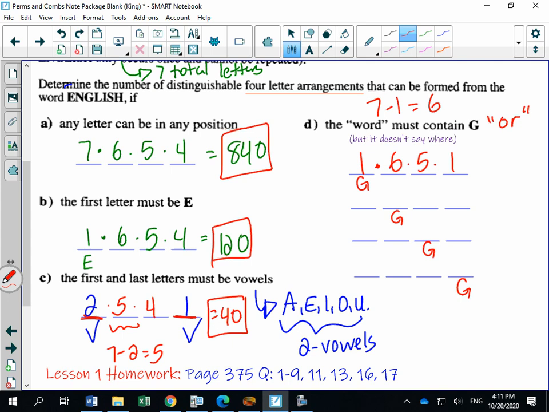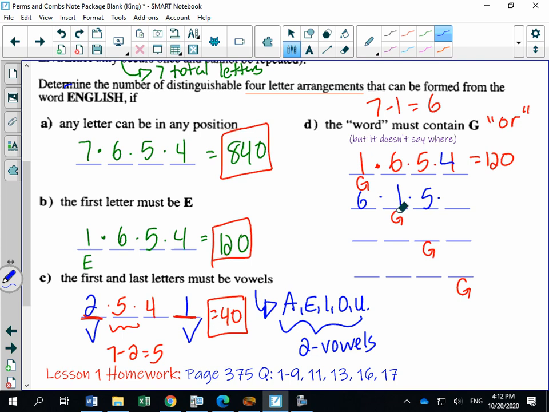So if the word must contain a G, 6 times 5 times 4 is 120 possible arrangements. Then I have to say, okay, well, they didn't say where the G goes. So the G could go here. If the G goes over here, there's only 1 G. I've got 6 choices to go there. I've got 5 choices to go there. And sorry, you guys, this should have been a 4. 6 times 5 times 4 would be 120.